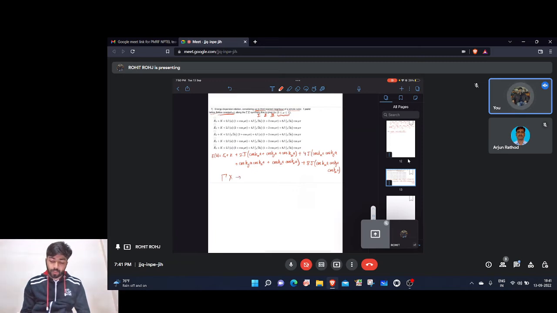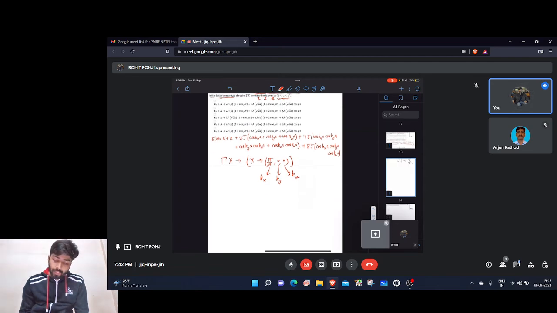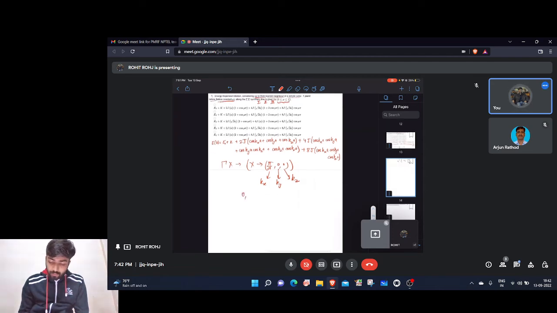Now since we know from our previous assignment solutions that the x point is the point pi by a, 0 and 0 in 3 dimensions. Now in this question, if this were the x component then kx is pi by a, ky is 0 and kz is also 0, but there is information 0 less than mu less than 1. So most likely the mu turns these values into fractional coordinates.